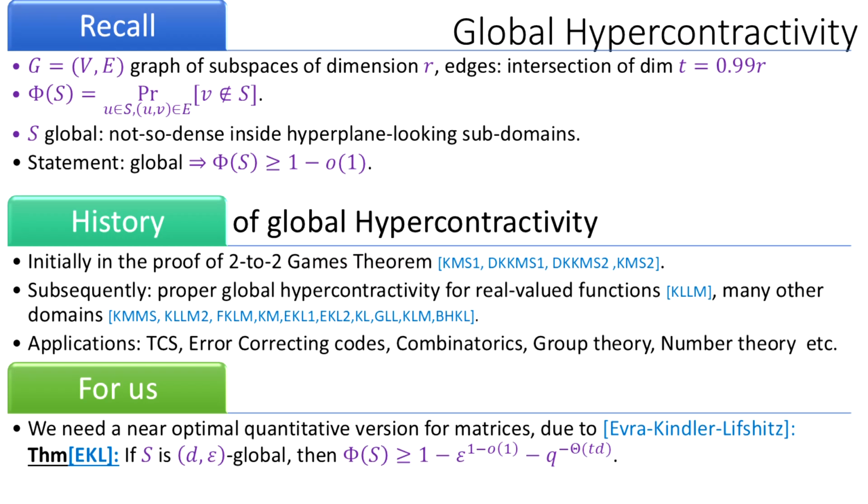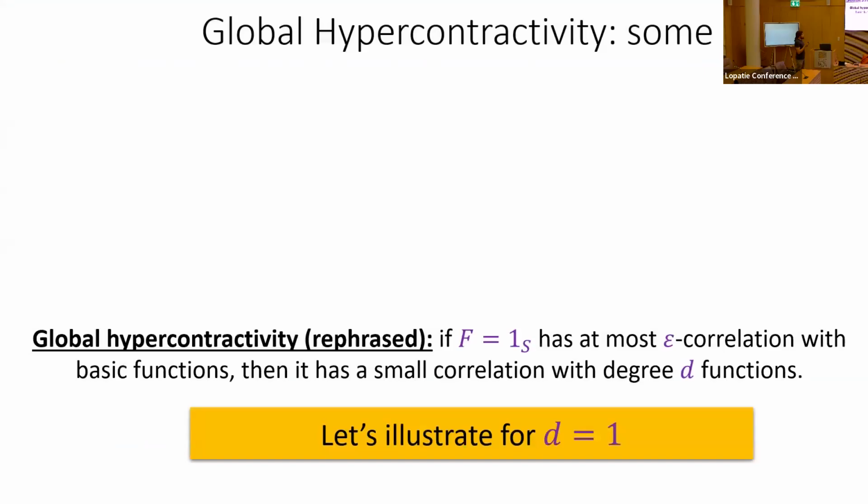And it's pretty useful. Originally it's from PCP, but now it has applications all over the place, number theory even. And specifically the result that we have to use is a recent result of Evra, Guy, and Noam. So that's mainly what I wanted to say, and now I'm going to click a bunch more. I was very optimistic.